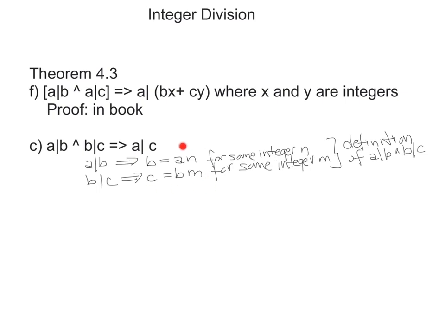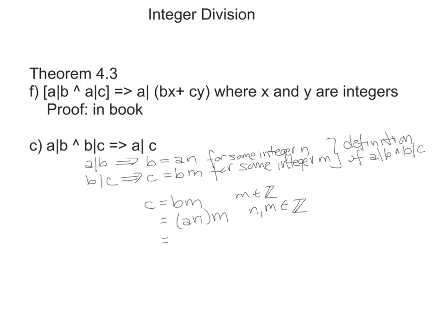So here is an example where we're using that definition. What I have is that c equals bm from this step here, and that I can say is equal to a times n times m, just plugging in this definition for b. And I want to remind myself here m is an integer, and here n and m are integers.